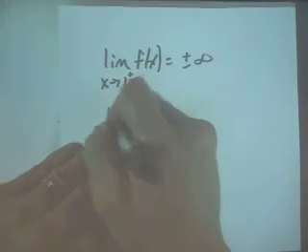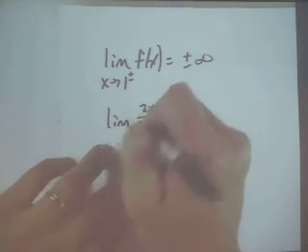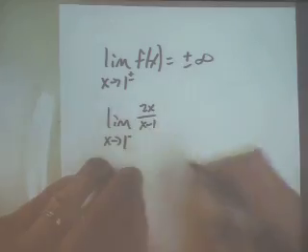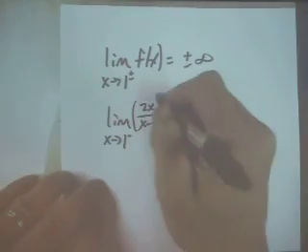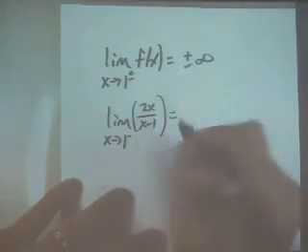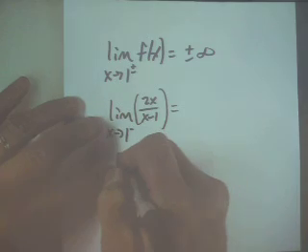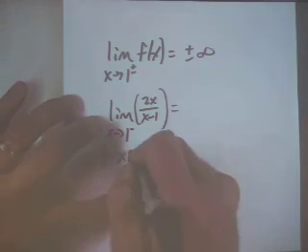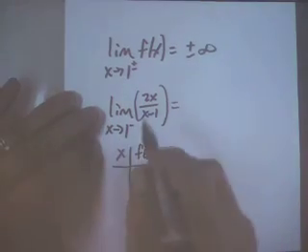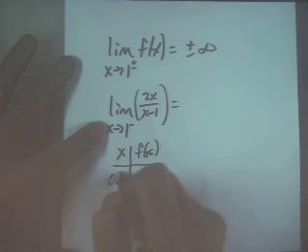Well, let's look at the limit of f of x, which was 2x over x minus 1, as we approach 1 from the left. Now, we won't try to prove this limit. We'll just convince ourselves that it's either infinity or negative infinity by looking at a table of the function. Let's think about values that are approaching 1 from the left, like 0.9.